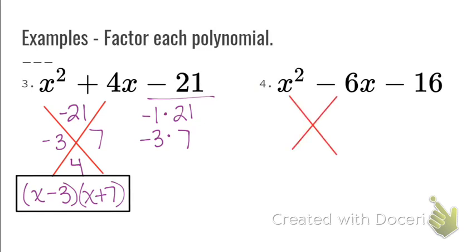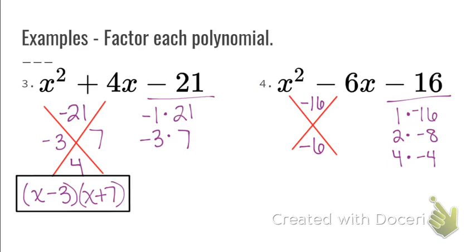All right, on number 4, we are trying to multiply to negative 16. We are adding up to negative 6. This time, our middle coefficient is negative, which means our bigger factor needs to be negative. So 1 times negative 16, 2 times negative 8. 4 and negative 4, they're the same, right?